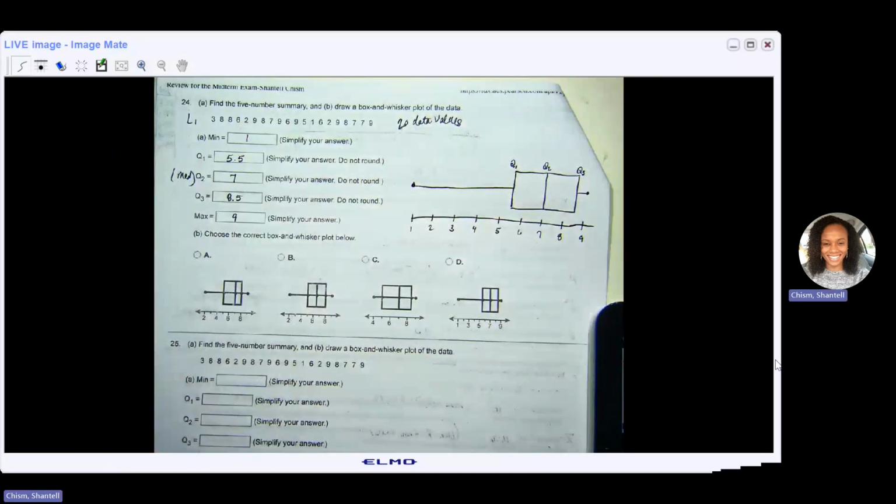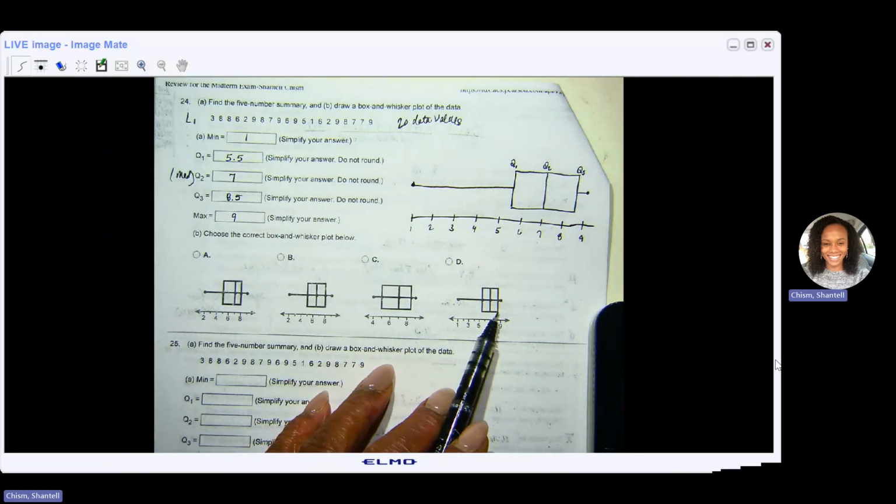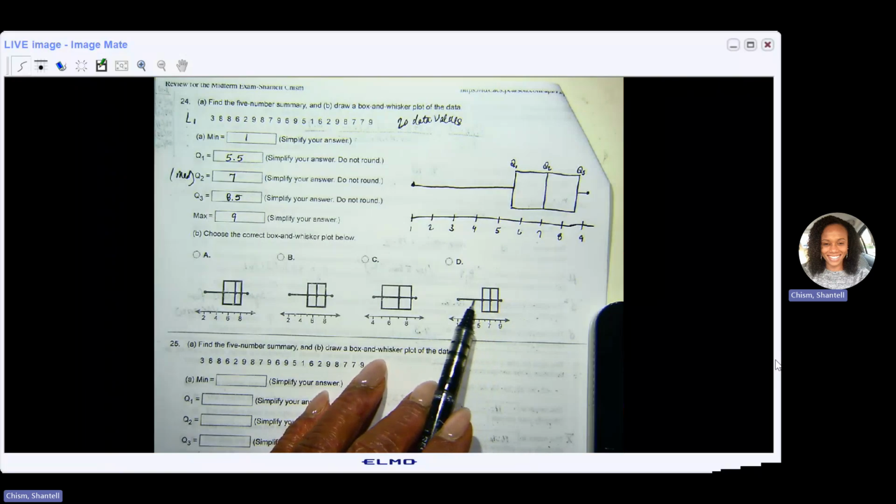Okay, so it has to be D. That is the one that has Q1 at 5.5, Q3 at 8.5, and then that longer whisker.